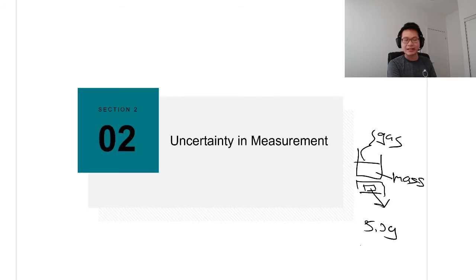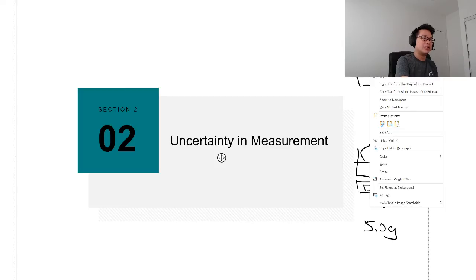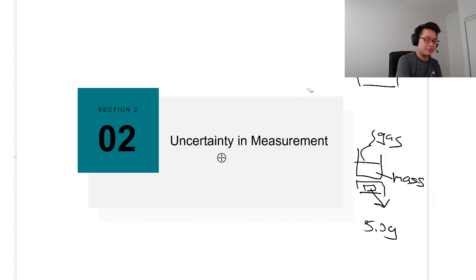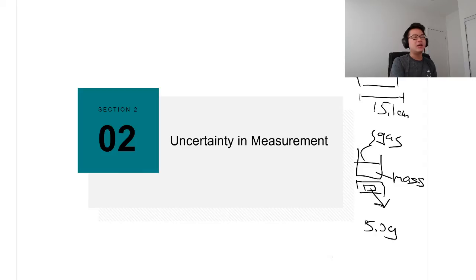Or you can actually measure the length of a piece of metal, for example, silver, anything solid metal, and then measure the length, and you find it's 15.1 centimeters. We can do a lot of different measurements, and also we can use different equipment to do the measurement.